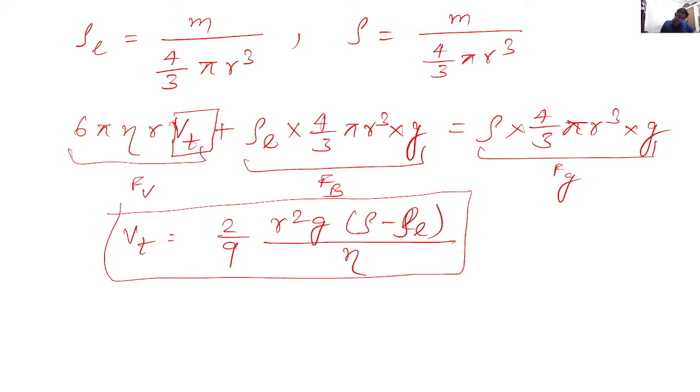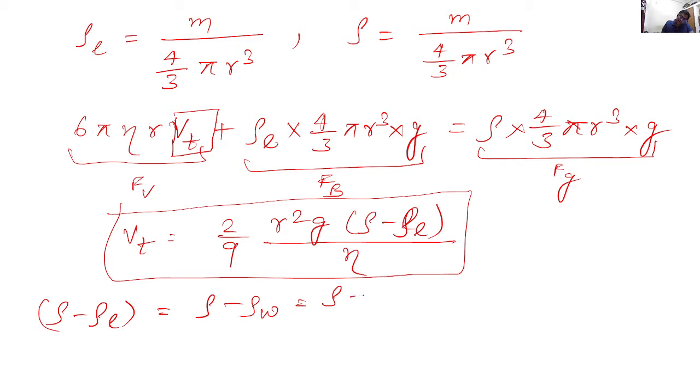Now we just look at this expression, rho minus rho L. In our case, in river engineering, the density of the liquid happens to be the density of water. So this is nothing but rho minus rho W.